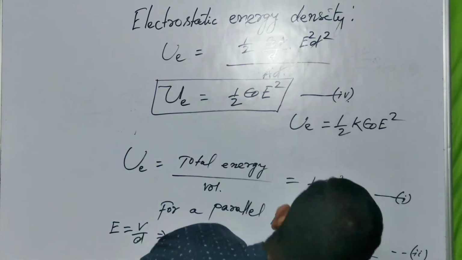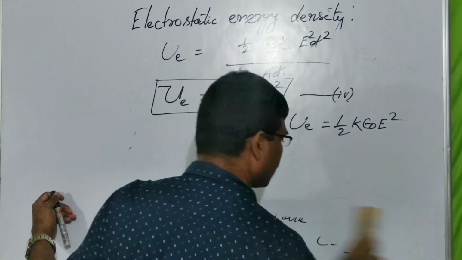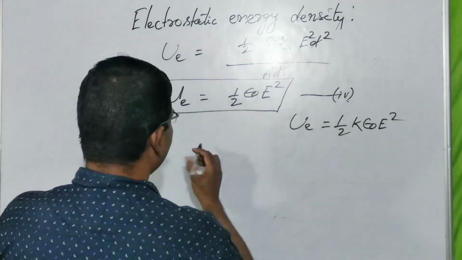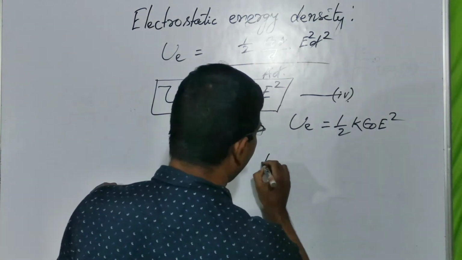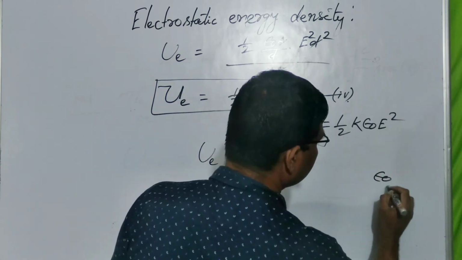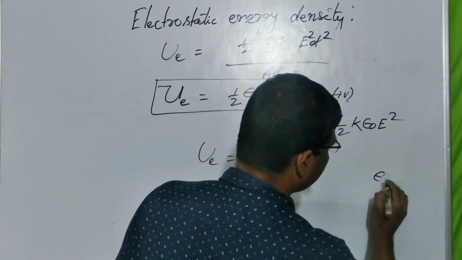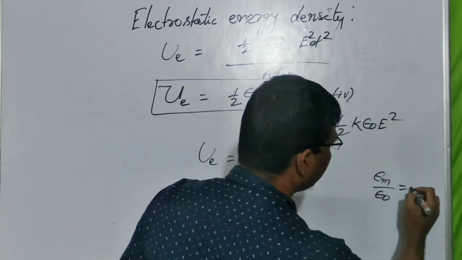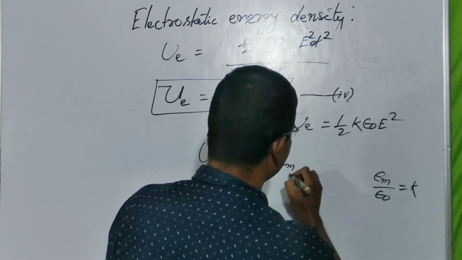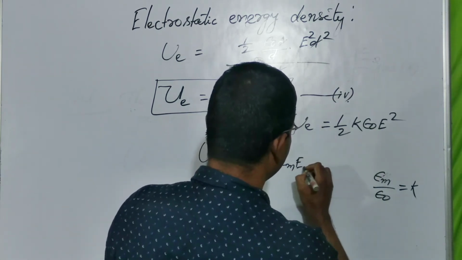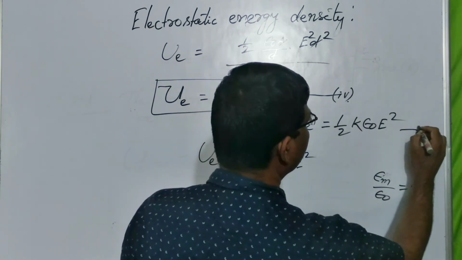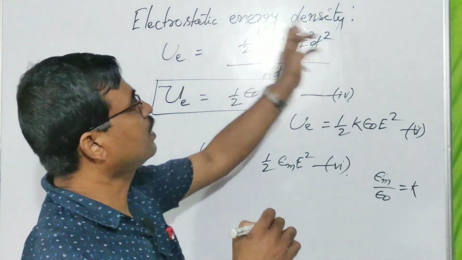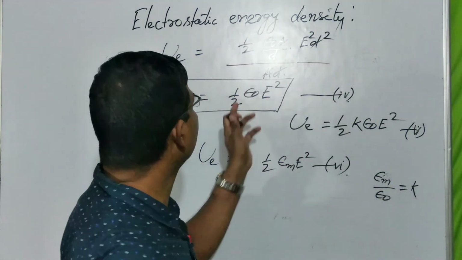Or you can write U E is half epsilon naught times K, that is the medium with respect to space, times E square. So it is equation 5, it is equation 6. All are different forms of electrostatic energy density in a parallel plate capacitor. But the most important is this one.